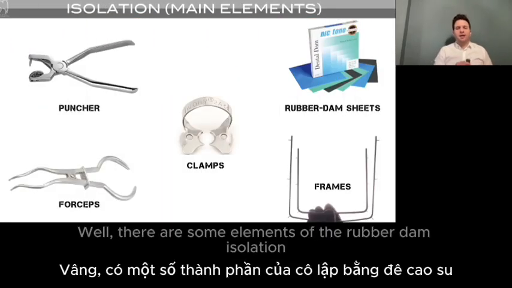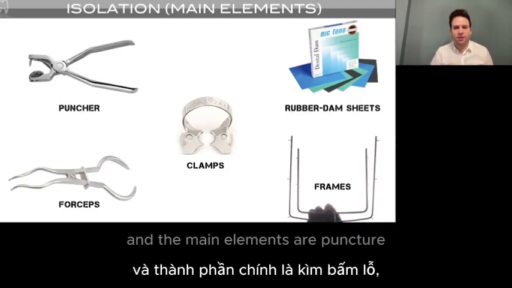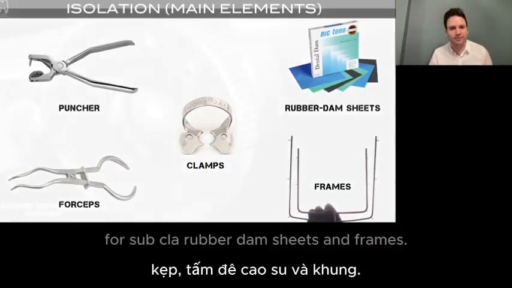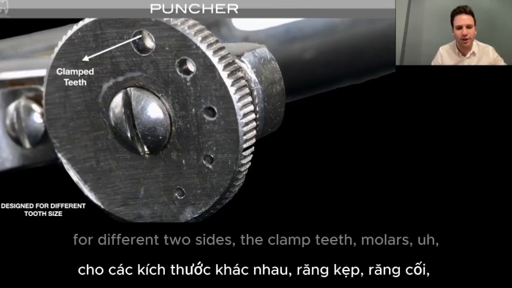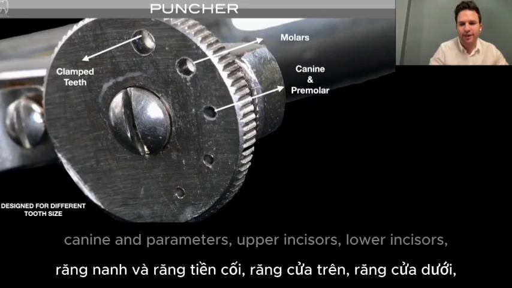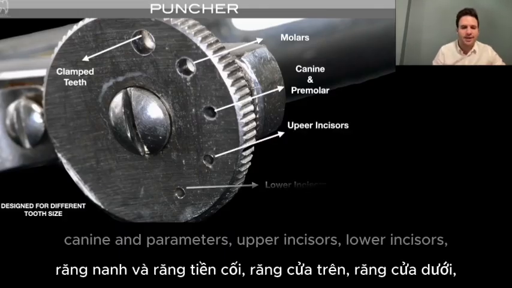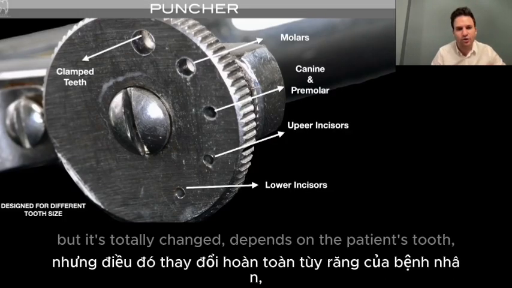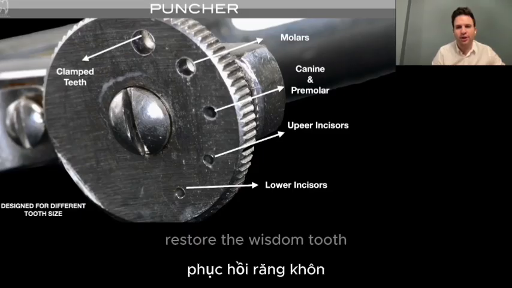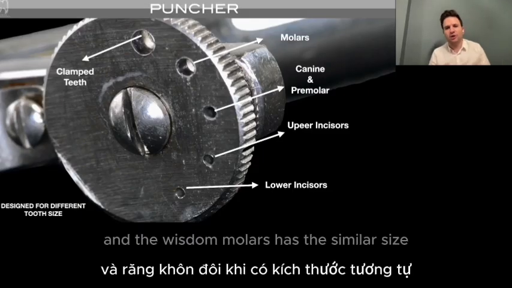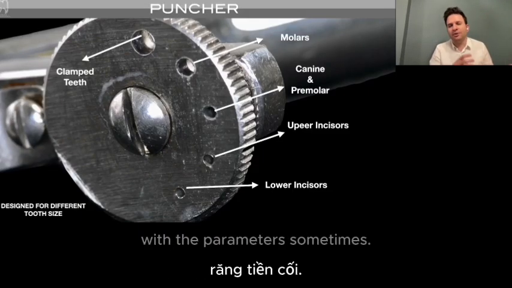Well, there are some elements of the rubber dam isolation, and the main elements are puncture, forceps, clamps, rubber dam sheets, and frames. The clamps have been designed for different tooth sizes: molars, canines and premolars, upper incisors, lower incisors, but it totally depends on the patient's tooth, because sometimes you want to restore the wisdom tooth, and the wisdom molars sometimes have a similar size to the premolars.